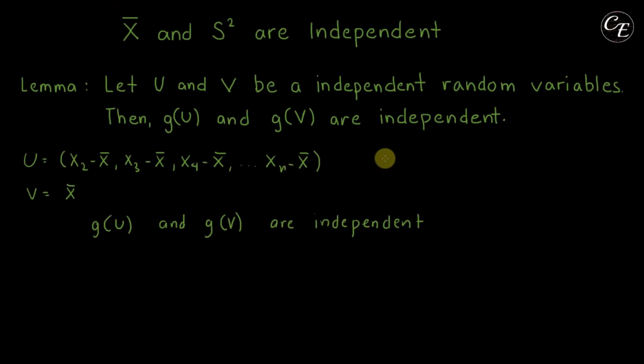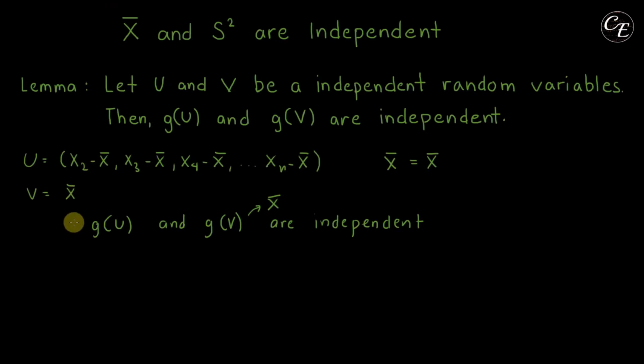Now we have the equation x bar equal to itself. Then if v is x bar, we can make this one also x bar. So this x bar will be independent of g of u if these two are independent.